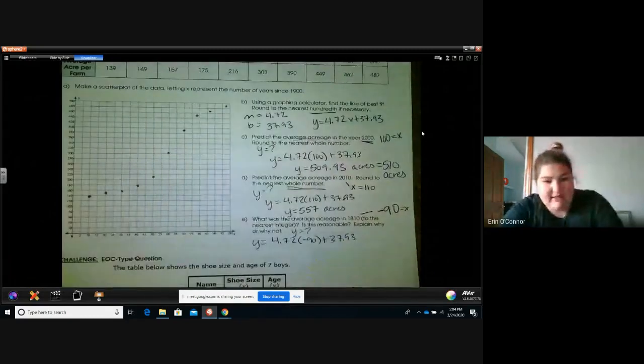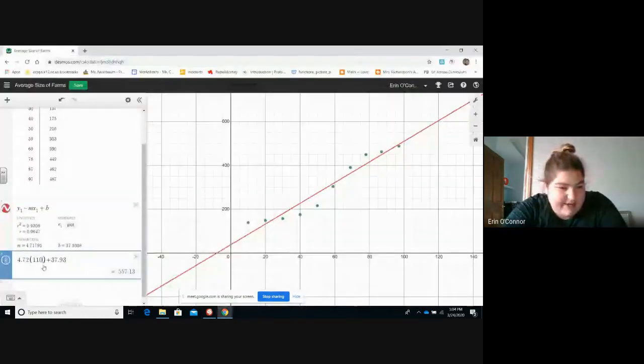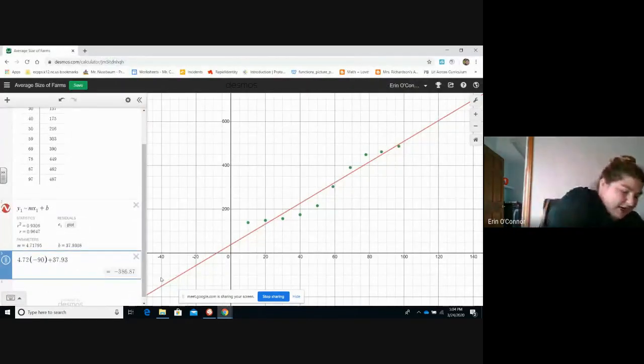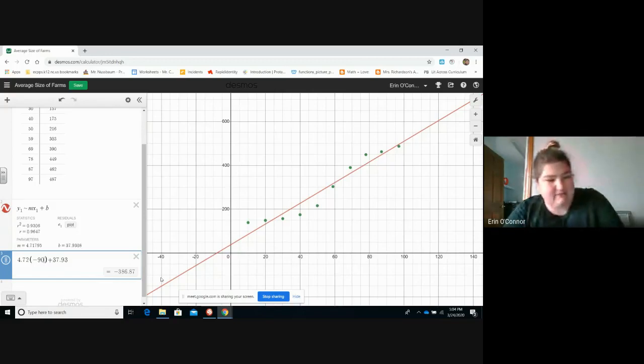Let's go back to Desmos and just change that 110 down here to negative 90. And I get y equal to negative, we're going to round to the nearest whole number or integer, 387 acres. Does that make sense?